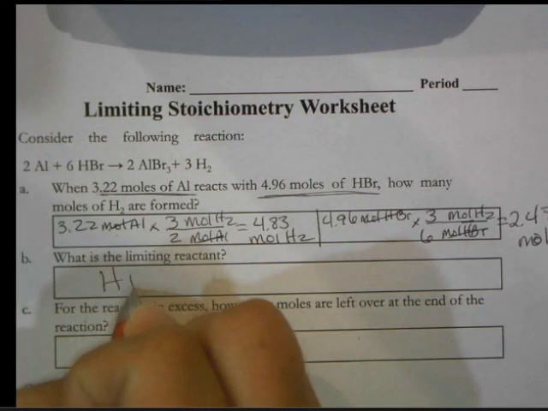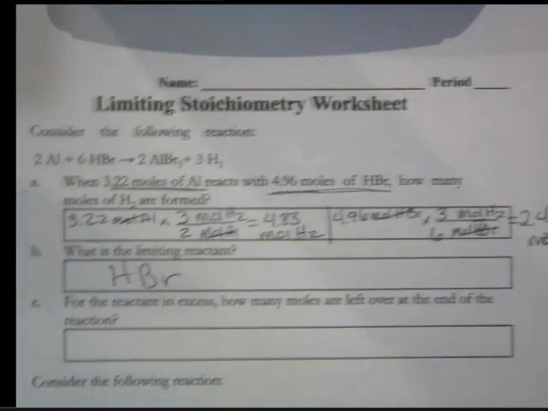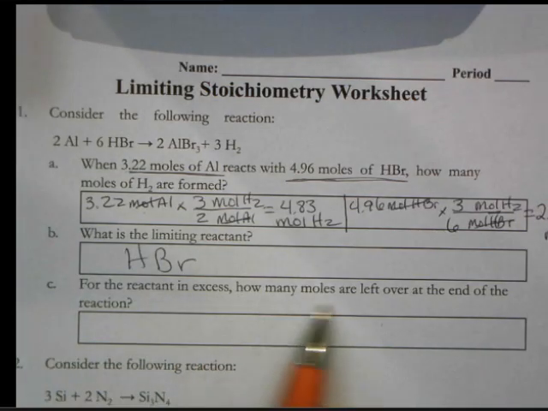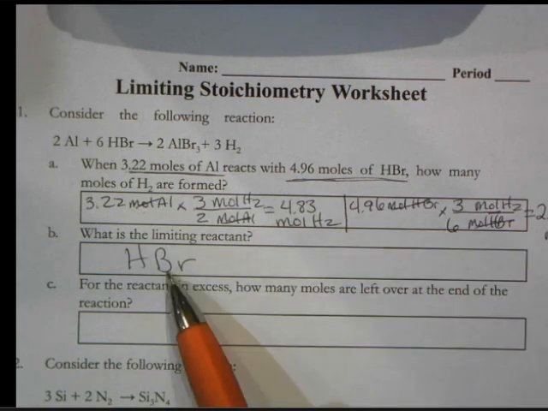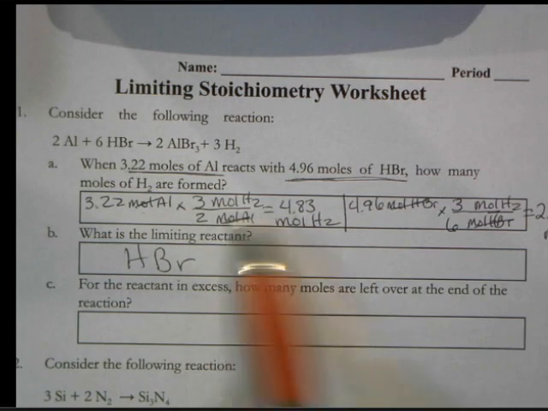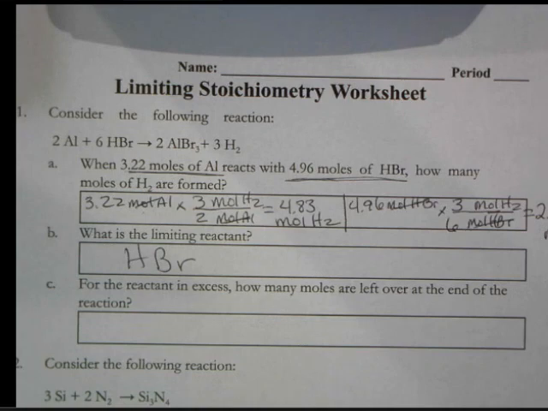So it's HBr. And then for the reactant in excess, how many moles are left over at the end of the reaction? Luckily, because we're just staying in moles, we don't have to do any conversions right now. We know this is our limiting reactant, and this is our excess reactant, right? We are going to have to do just a molar ratio conversion, but not with all those grams.